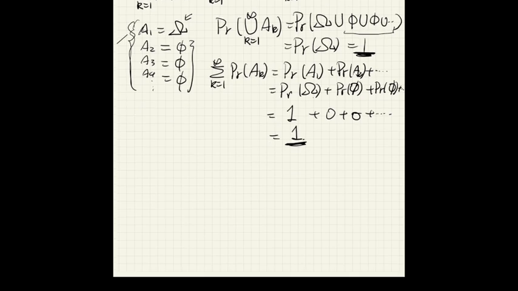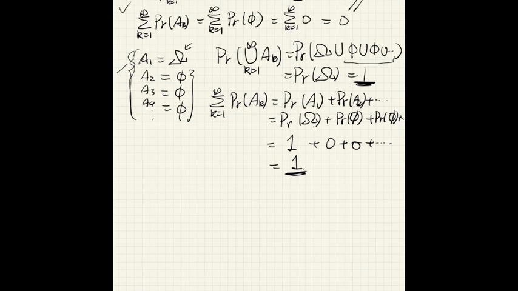What about other cases? If A1 is H, then A2, A3, A4, etc. cannot be omega, right? Otherwise, they are not disjoint. The only possibilities are either T or the empty set.